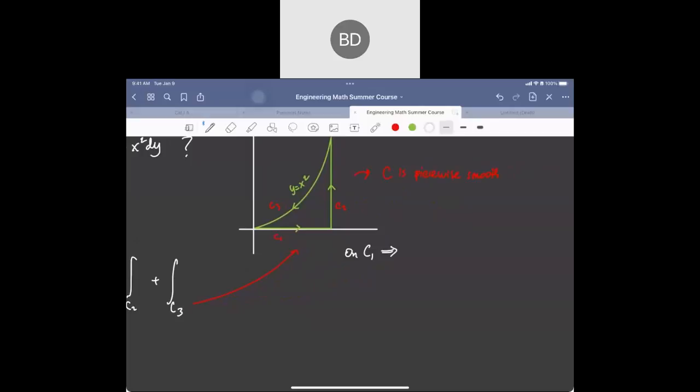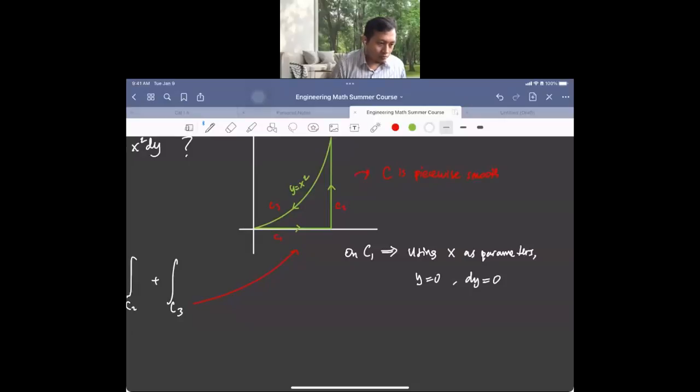So on C1, we take x as the parameter. And y is 0 on this C1, right? Y is 0, so dy is 0.